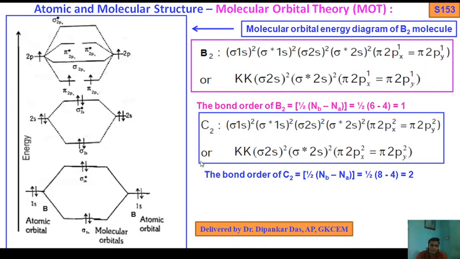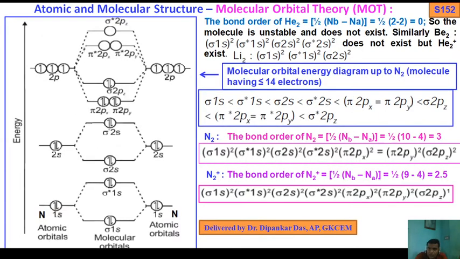Similarly, in case of C2, C2 means 6 plus 6, 12 electrons. So it follows the same rule I told you, up to or less than equal to 14 electrons, with the same MO diagram and same MO electronic configuration. But remember, when you reach pi 2px and pi 2py, these are two degenerate orbitals.